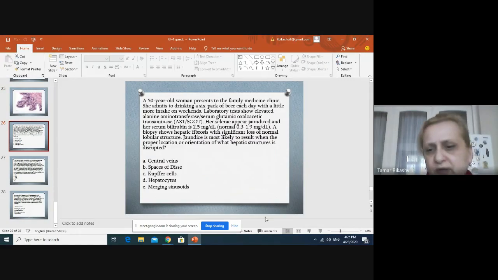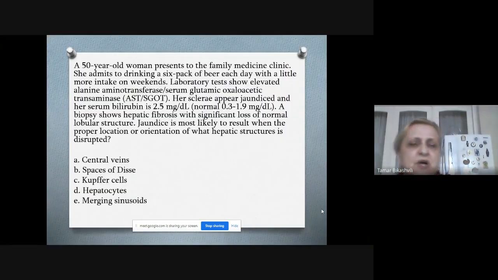Now this question. I'll show a higher magnification of this question.